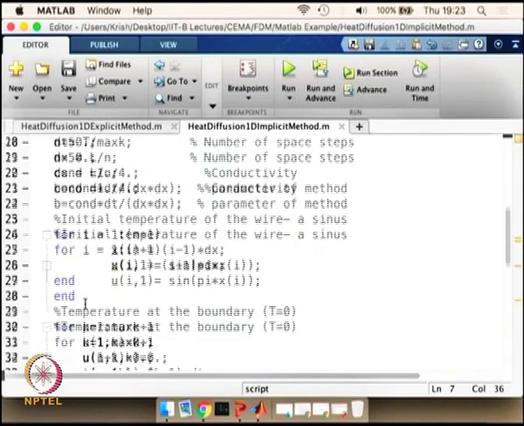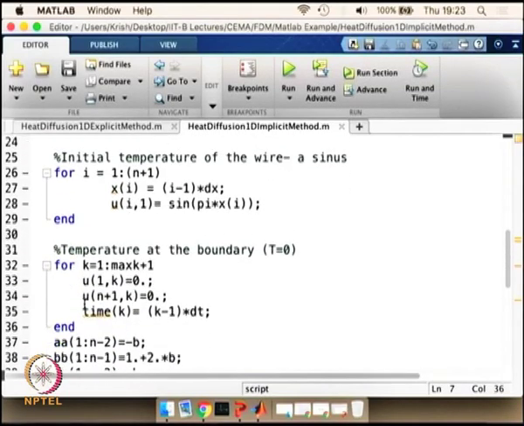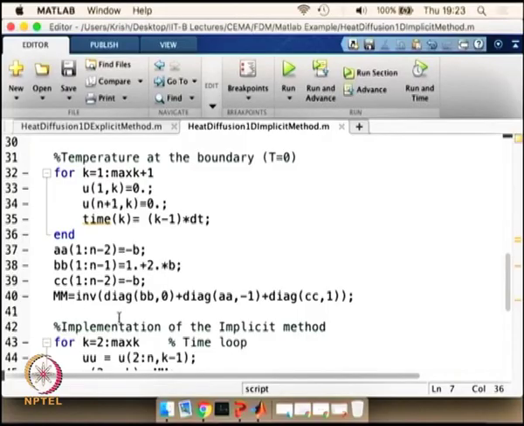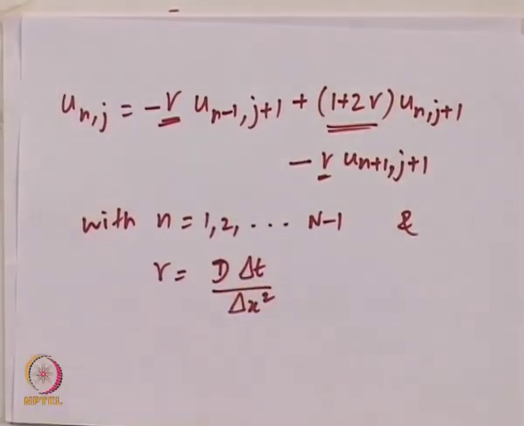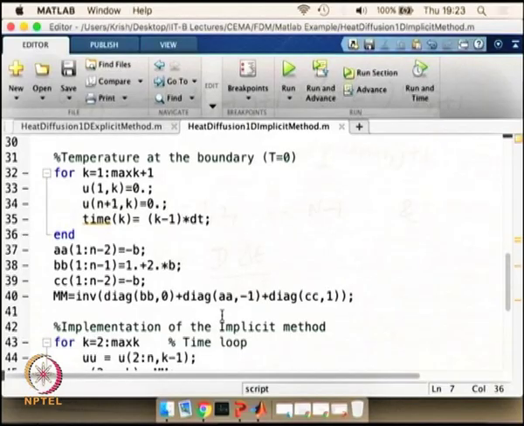But obviously, as I mentioned, it is going to have the problem of matrix inversion. So you will see that we are doing the matrix inversion here. We have lumped these matrices as per the equation we have. As you can see, this is the minus B value, which corresponds to the minus R in the equation. In the slide you have the value of minus R, and this is represented as B in the code here.